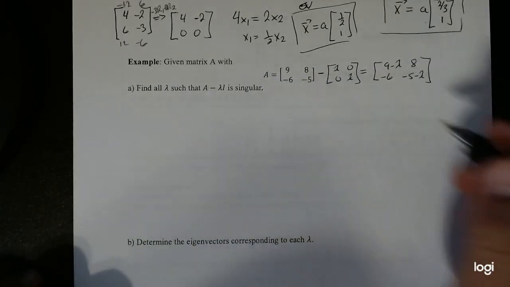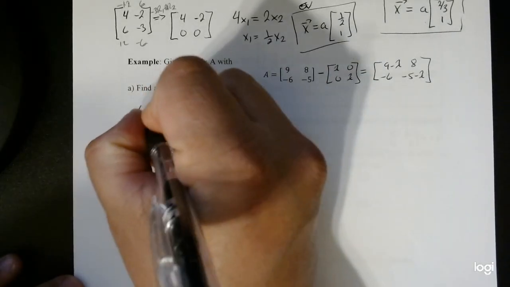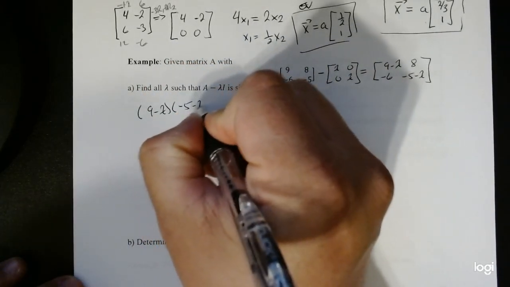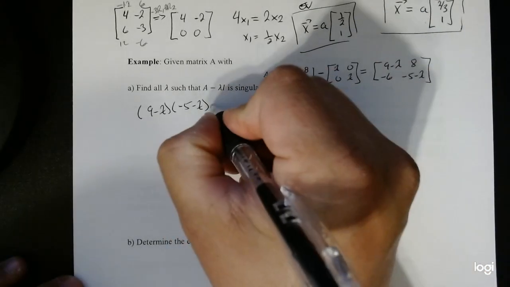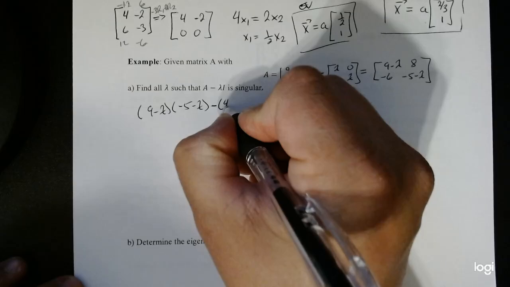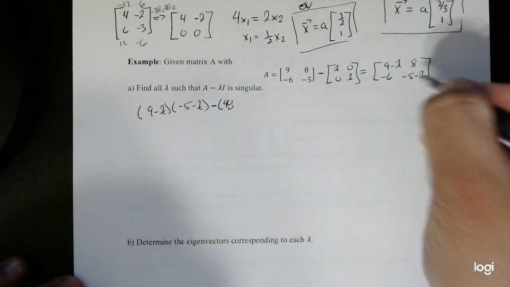Okay, so singular, multiplying this out. So 48, I believe. Yeah, it's negative.